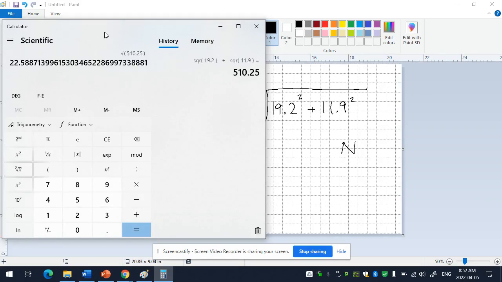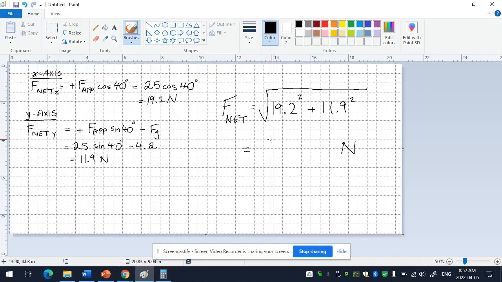What is this to 2 sig figs now? 2 sig figs, because this is my final answer. 22.5 will be crossing to 23. So the answer is 23 Newton.